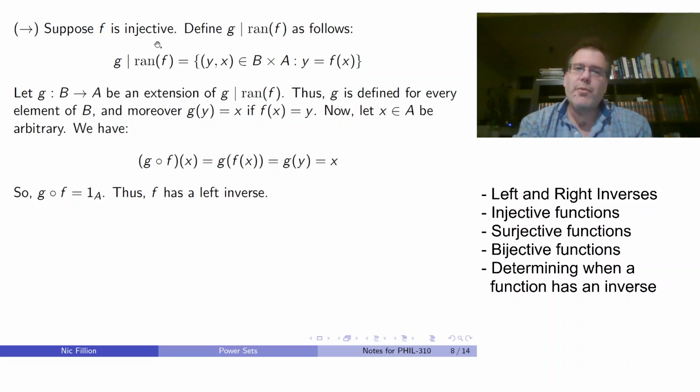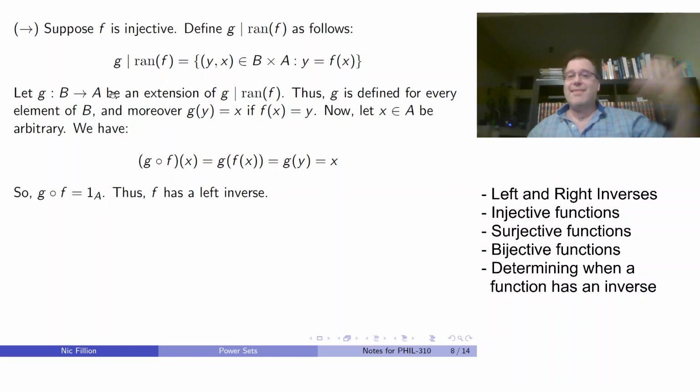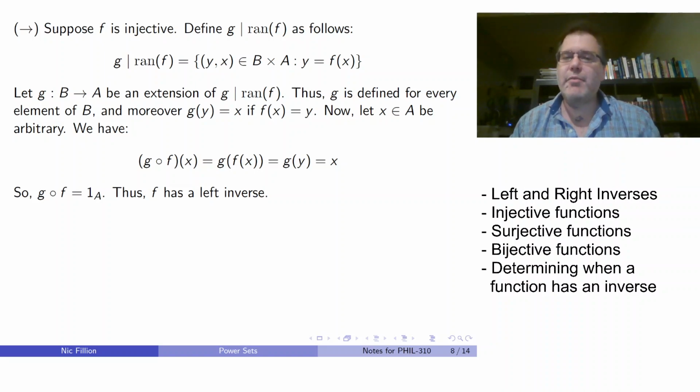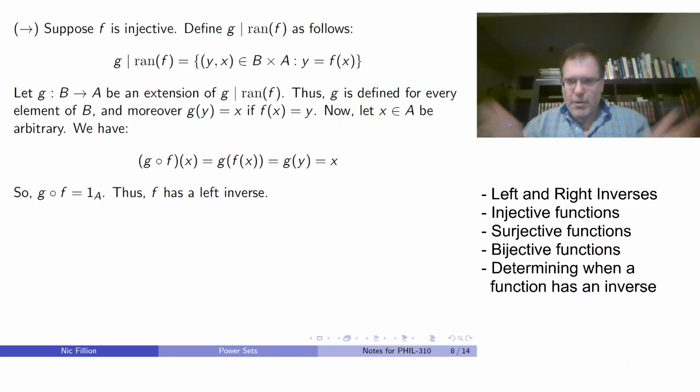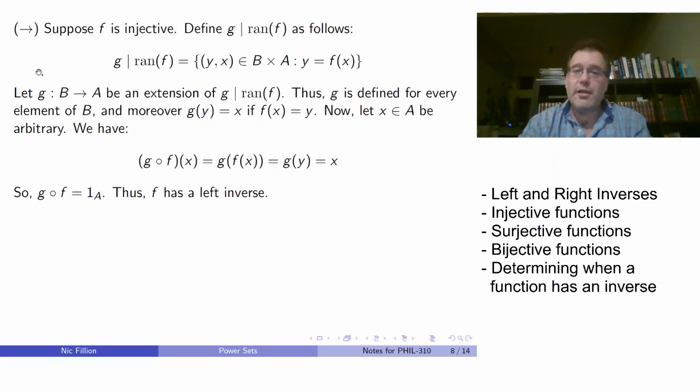We're going to start with g restricted to the range of f, and we're going to extend it to a broader domain. Now, as we saw, there are many different ways of extending a function to a broader domain, okay? So now we're just going to take g to be any of them. Just pick one, all right? And what we're going to do is take that function g and make sure that it has the right property.